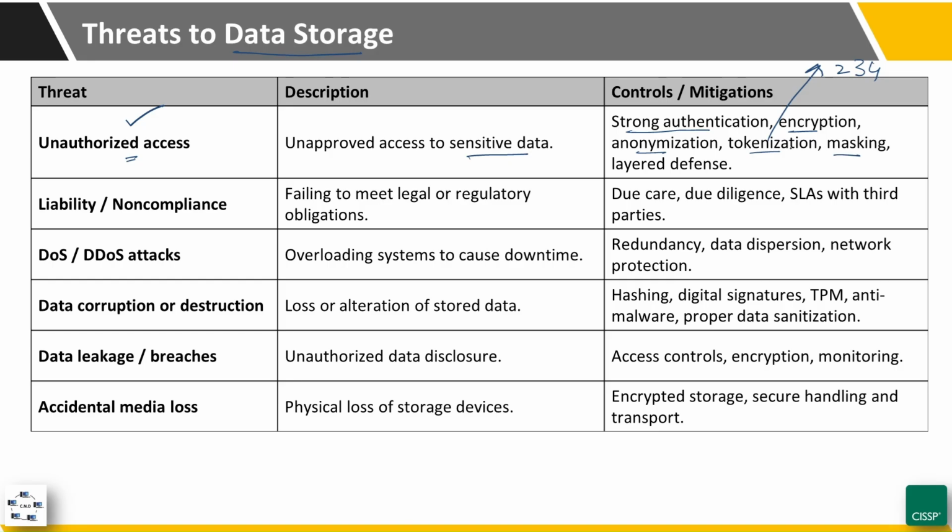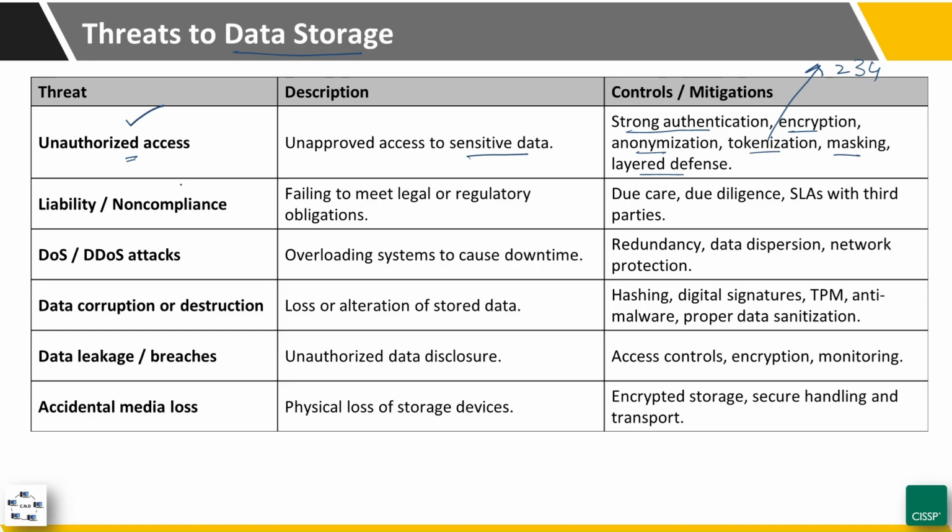Masking is, as I already said, by masking all the digits of credit card and revealing only few digits so that it is recognizable that this belongs to this customer but the whole number is not visible. And layered defense. So you need to deploy layered defense. Layered defense means that you have multiple controls, so that if one is compromised, you have another control at work.